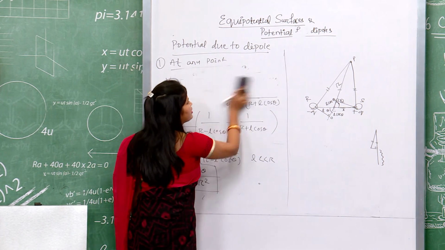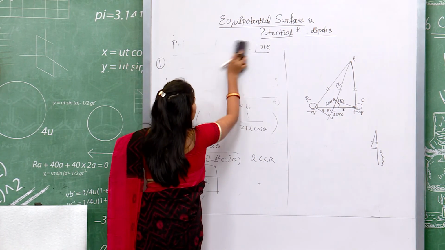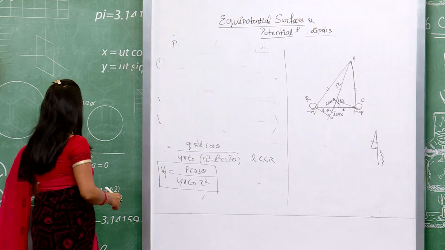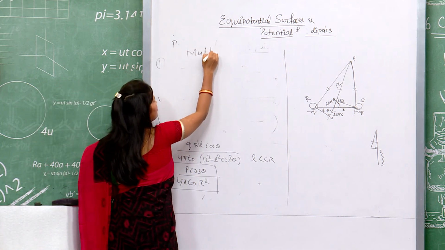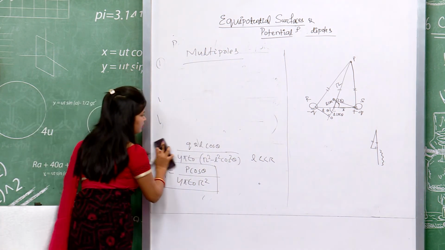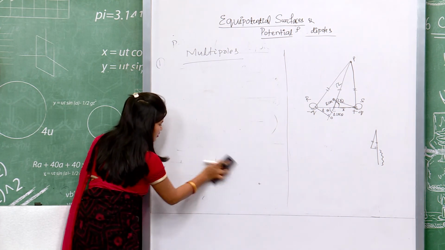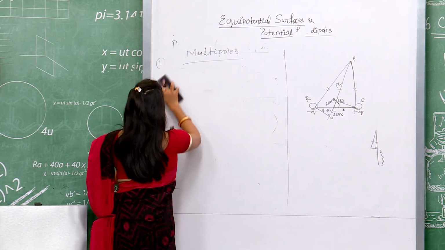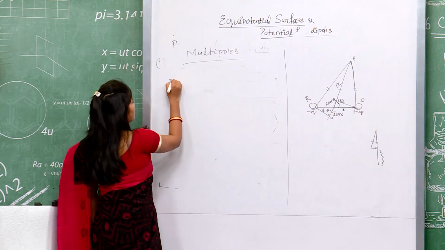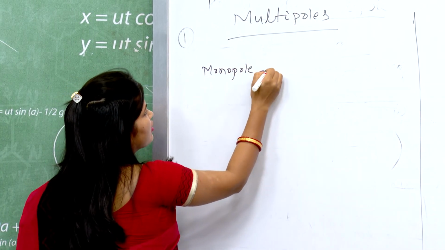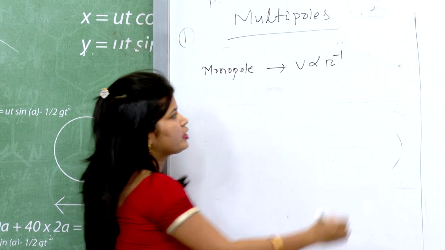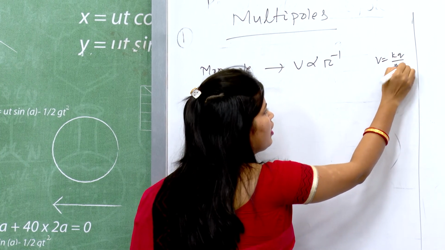Now, we will see the potential for multipoles. For a monopole or point charge, the potential is proportional to r to the power minus 1, as V is equal to kq upon r.